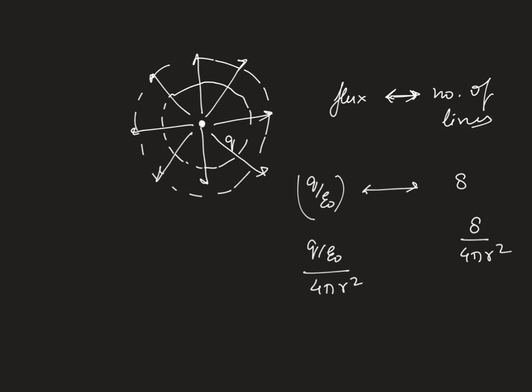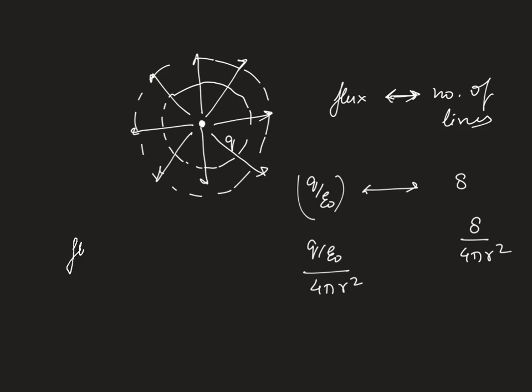So this is a very good comparison to begin with: since flux is constant, and if we take a fixed amount of lines coming out from a charge, they would also remain constant. Hence we can compare. We cannot say they are equal, or the same thing, but we can compare that the flux is the number of lines coming out of a charge, or number of field lines to be exact.